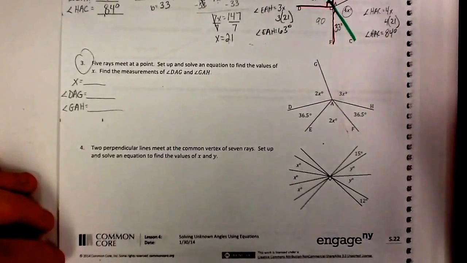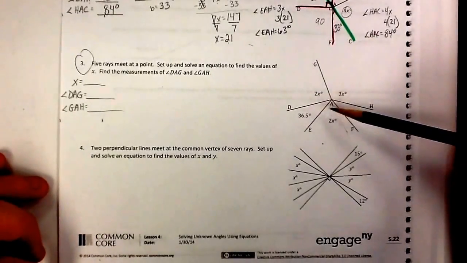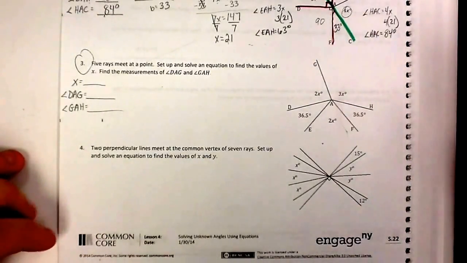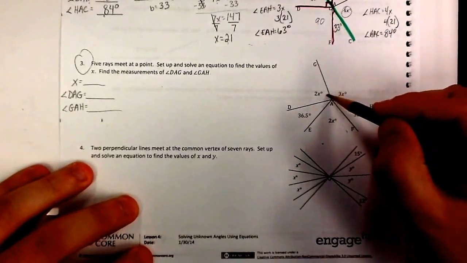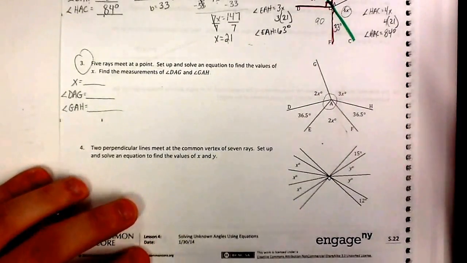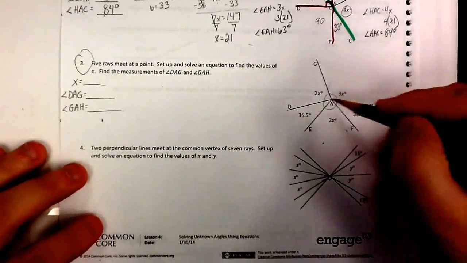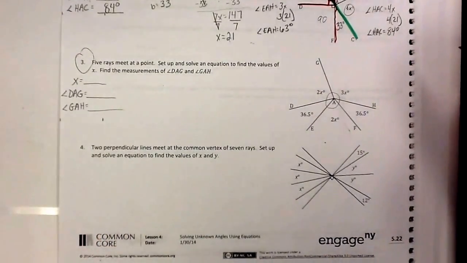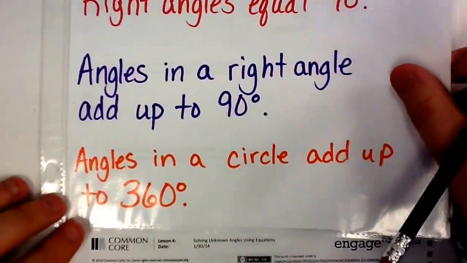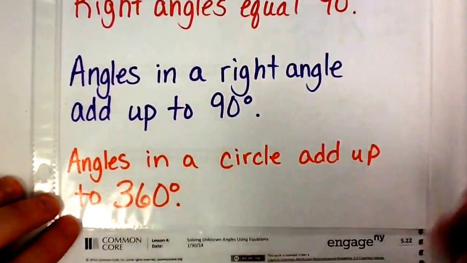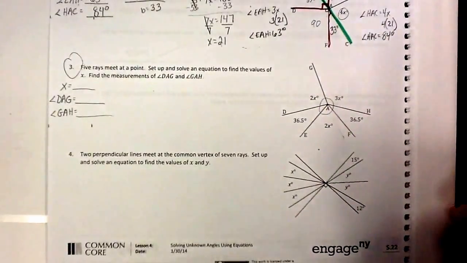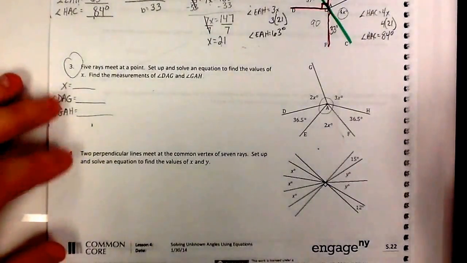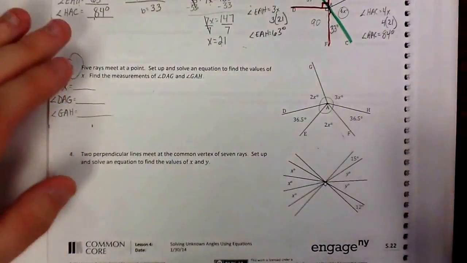If I look, every angle is labeled. And I know that all angles in a circle, all angles around a common point A, add up to 360. Angles in a circle add up to 360. So I'm just going to write them all up and set them equal to 360.